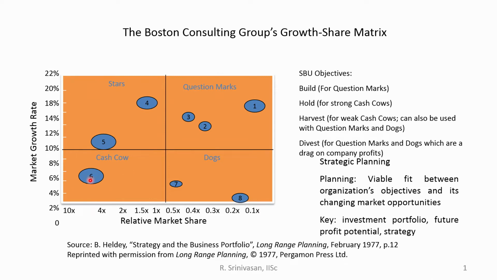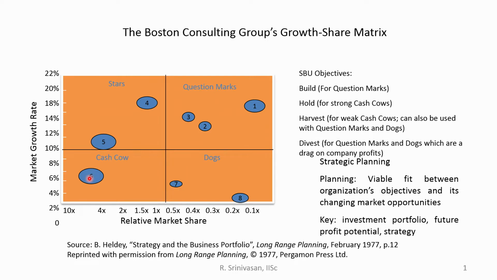If you see this diagram, there is one SBU of this company which is in the cash cow, and that cash cow is almost the leader in the market, it is moving towards 10x. When it is moving towards 10x, it becomes the market leader.